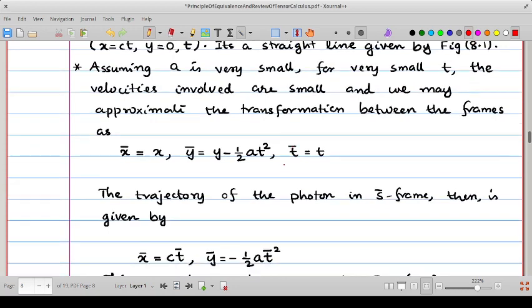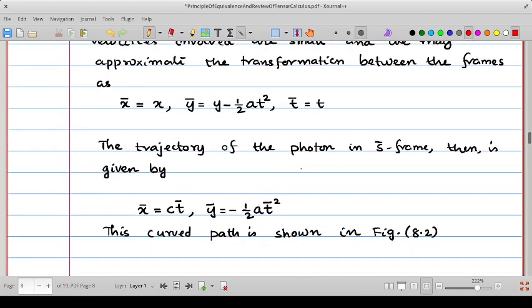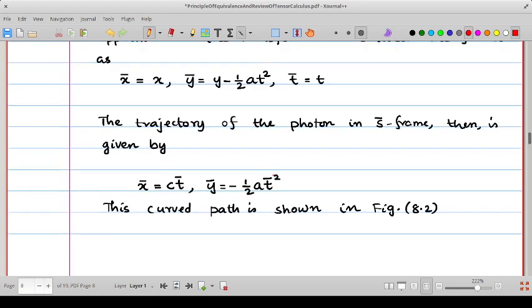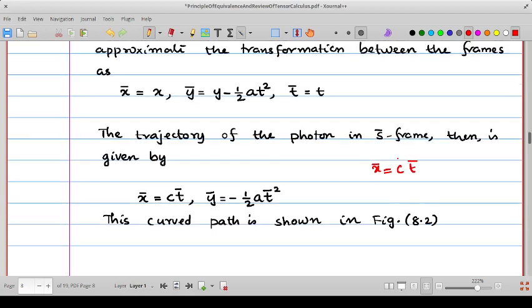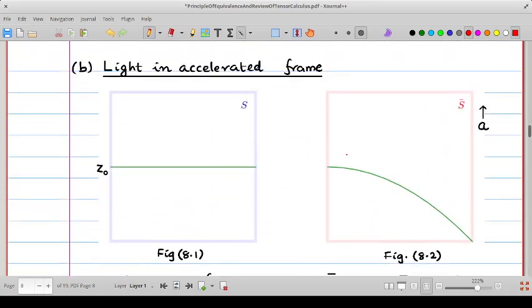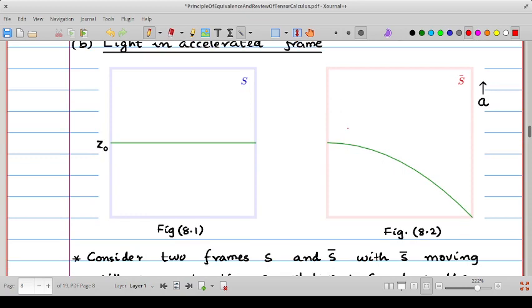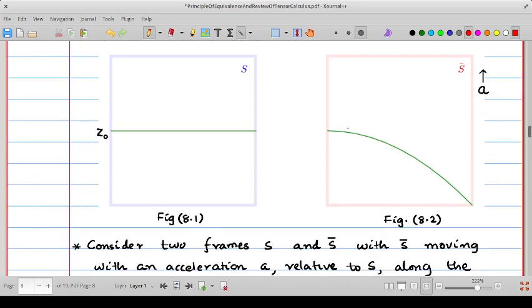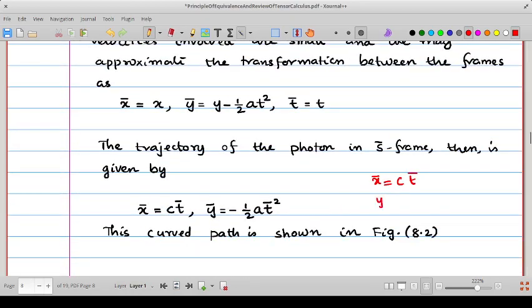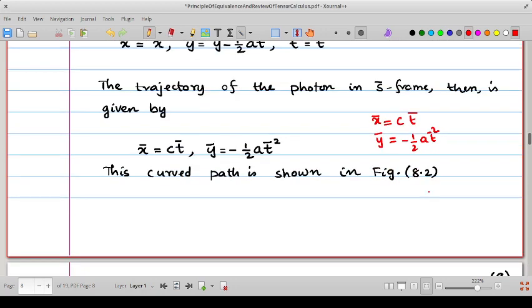Now the trajectory of the photon in the S bar is then given by x bar is equal to, that is the x component is equal to c times t bar, and y, since it has moved in the direction y over a distance of half a t square, the y coordinate will be minus half a t bar square.